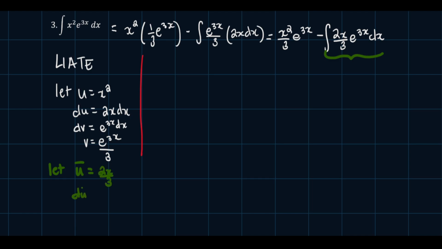So this would mean that du bar is 2/3 dx. So yung natira is dv bar. This is e raised to 3x dx, or v bar as 1/3 e raised to 3x.